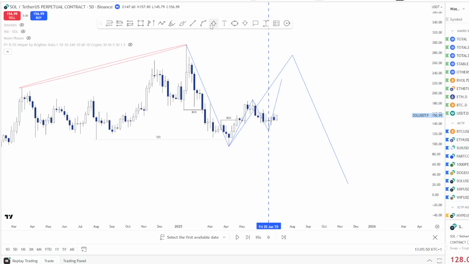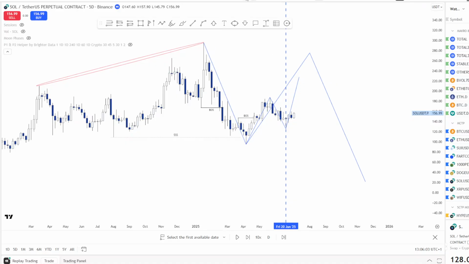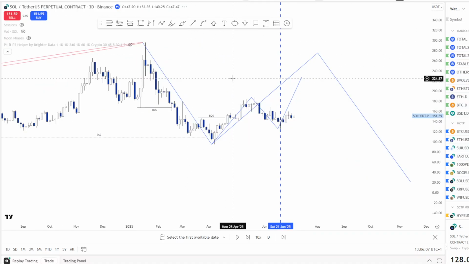Because to go from A to B, you need an accumulation, and to go from here down here, you need a distribution. Easy as that. So let's focus again here on our potential POI.